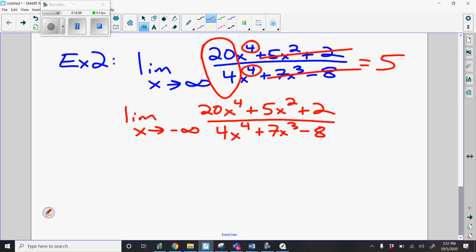Again, that's going to make that number a very big positive number. Same in the bottom. And once again, the other functions, the 5x squared plus 2 and the 7x cubed minus 8, aren't going to factor in. And we're going to get 20 times a huge positive number divided by 4 times a huge positive number, which is just 20 divided by 4, which is going to give us 5.